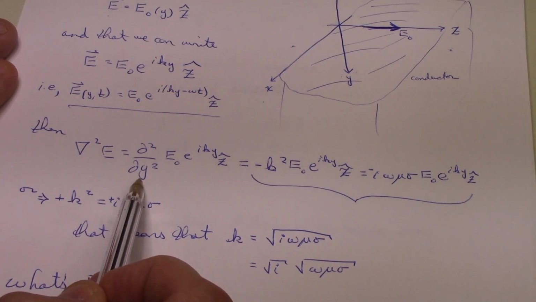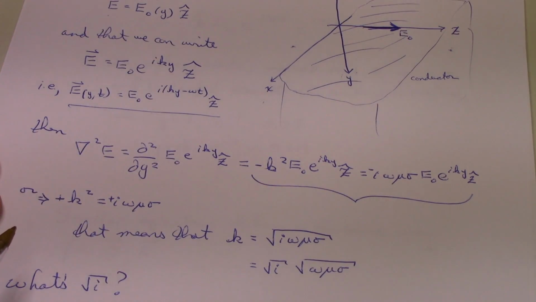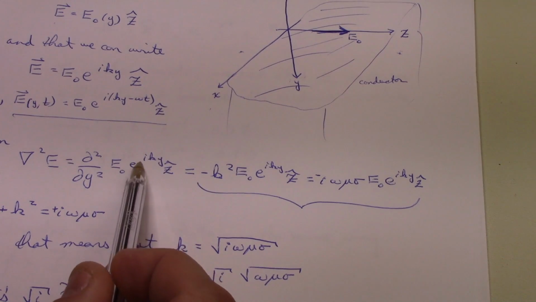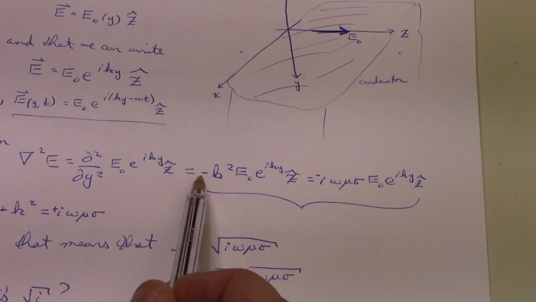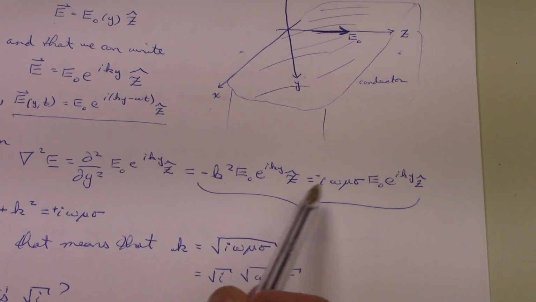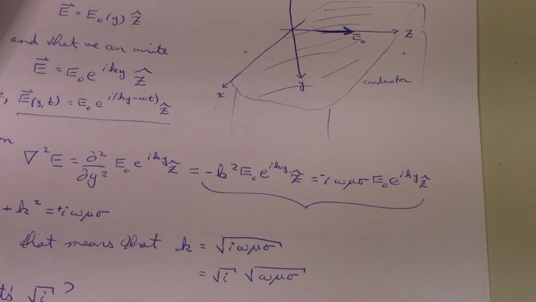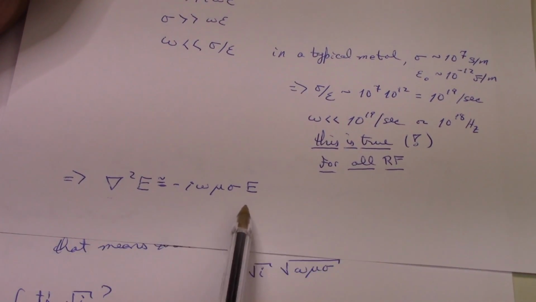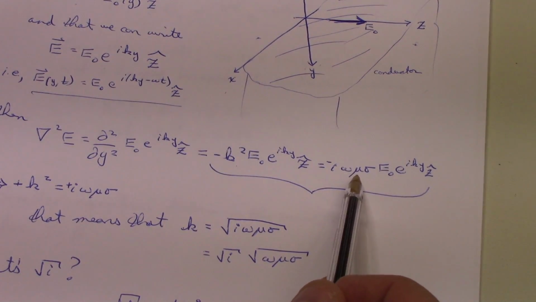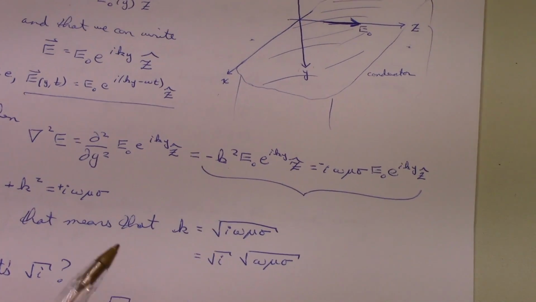So taking two spatial derivatives with respect to y of this exponential function will bring down two factors of ik. So we're left with negative k squared E0 e to the iky z hat, which equals the other side of the equation that we just derived, minus i omega mu sigma E0 e to the iky z hat.